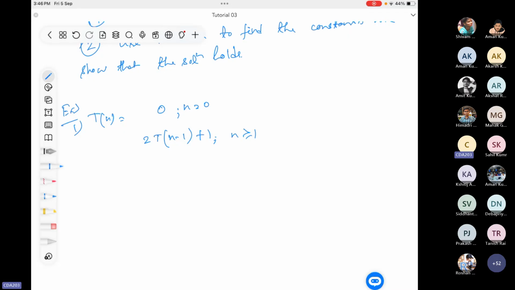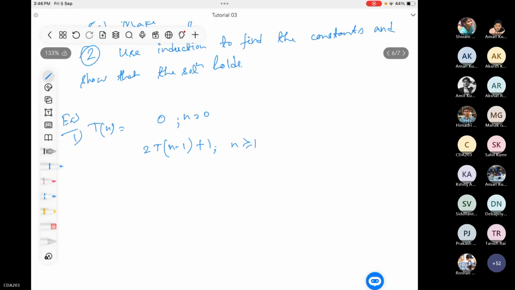See, one thing is that I'm sure if you break this term, if you think about n greater equal to 1 cases, then each time you break this, some 2 to the power something will occur.